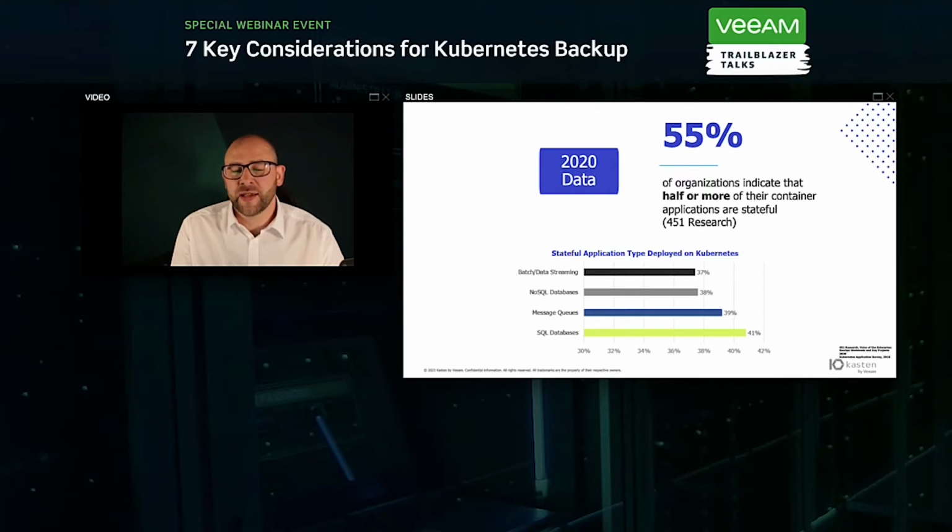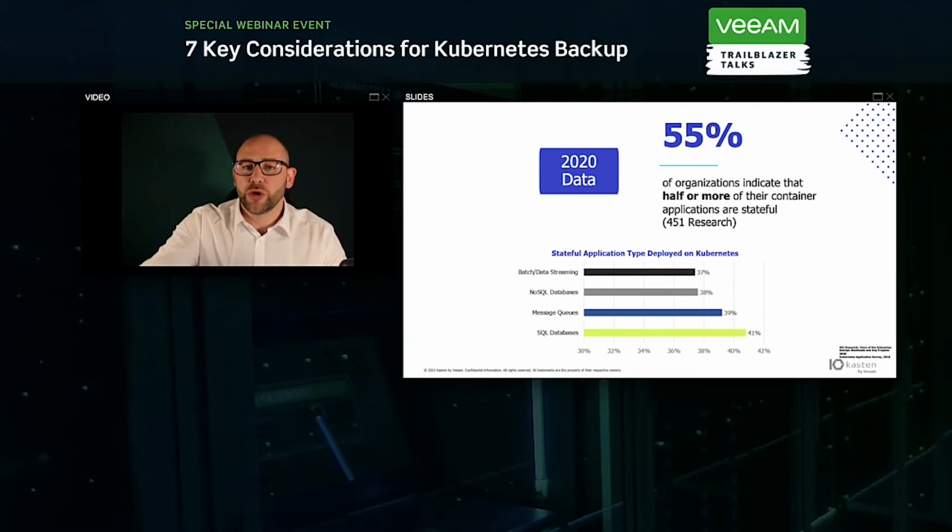Now, it's easy for a data management evangelist or technologist to say that's going to be databases, NoSQL, SQL databases. But also think about the data streaming, the batch processing, the message queues, everything that makes that up, whether it be log processing, any of those different data services require some state, which most likely requires some level of data protection.